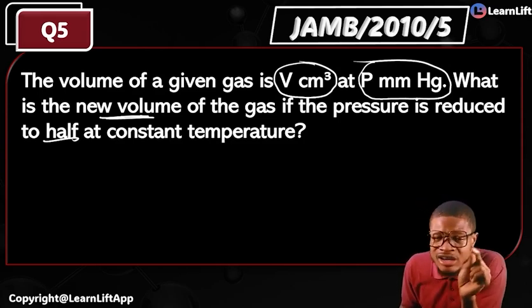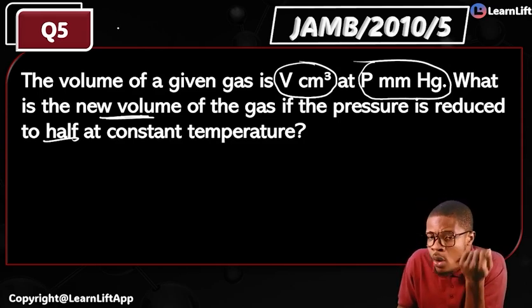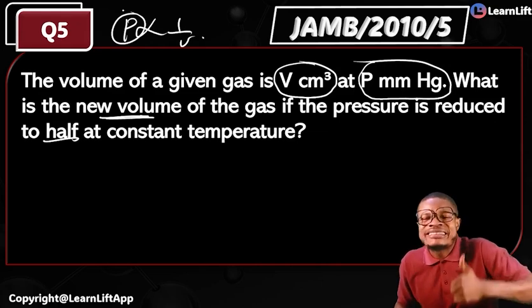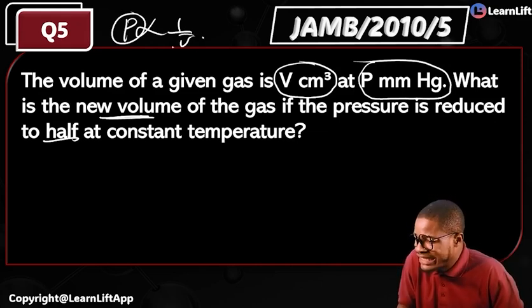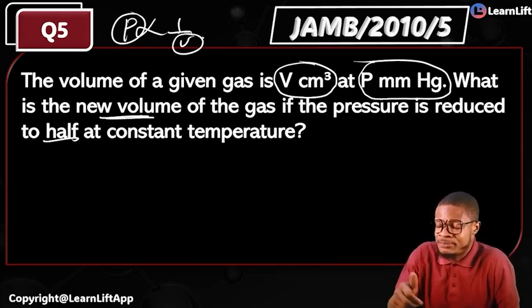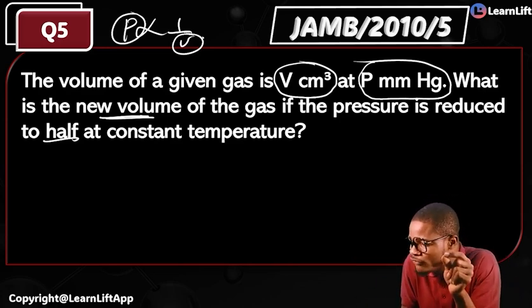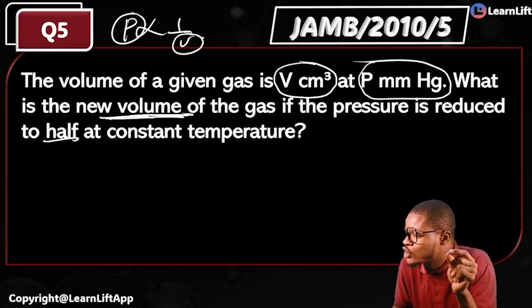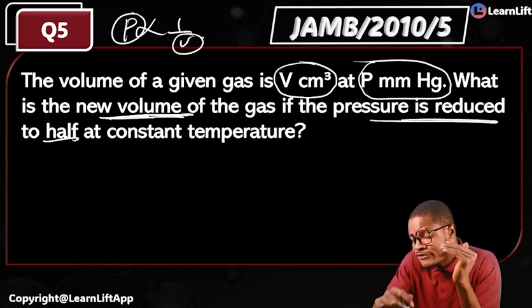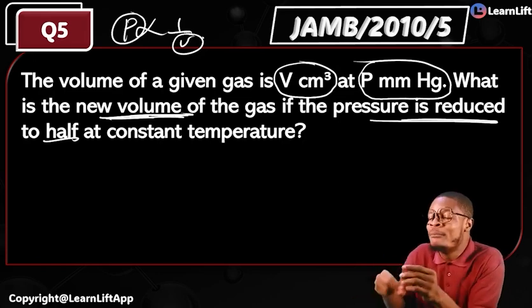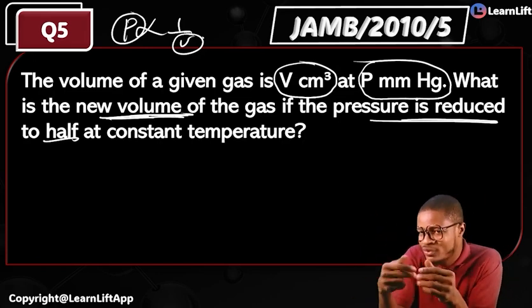According to Boyle's law, follow me, come. What did Boyle's law state? Pressure is inversely proportional to volume. It means as pressure is increasing, volume is decreasing, or as volume is increasing, pressure is decreasing, vice versa. The question says, what is the new volume if the pressure is reduced by half? If you reduce pressure by half, volume will multiply by 2.